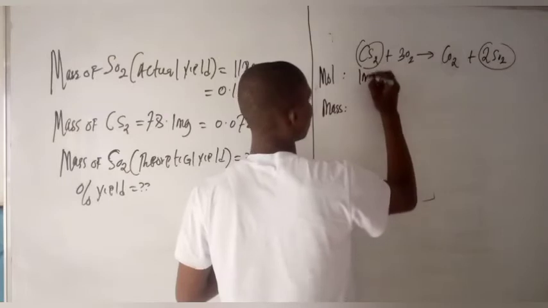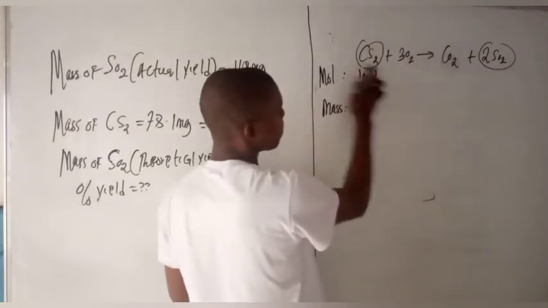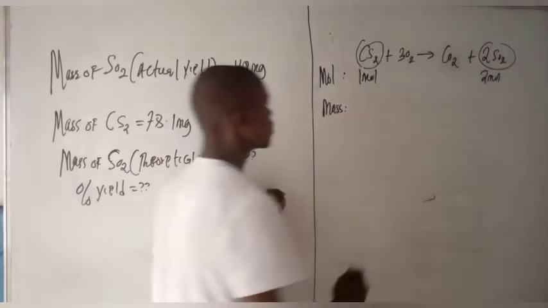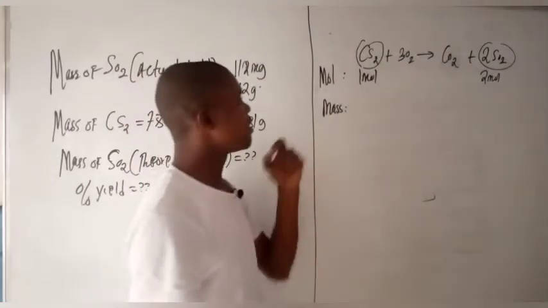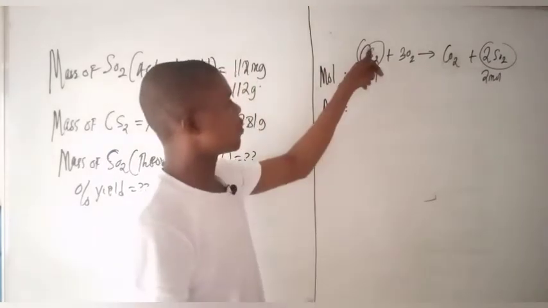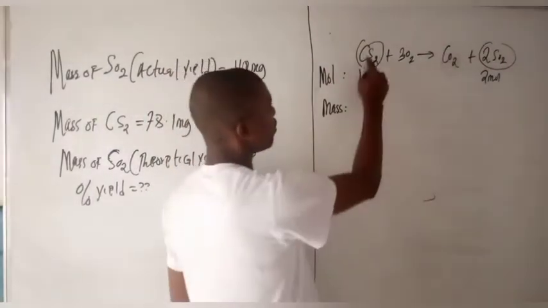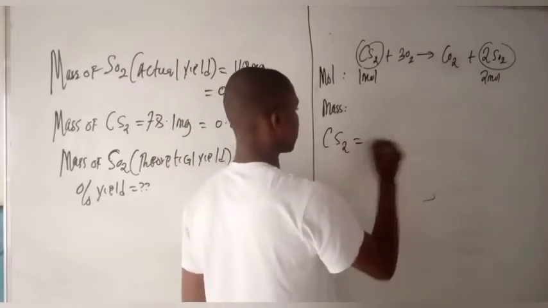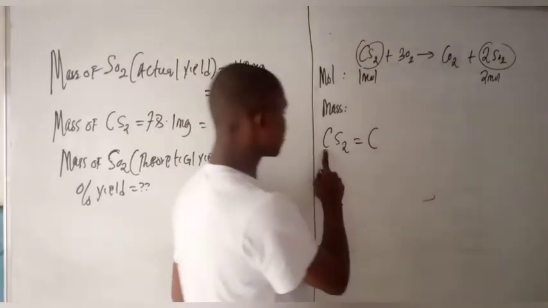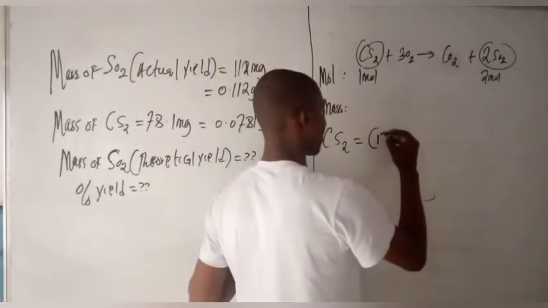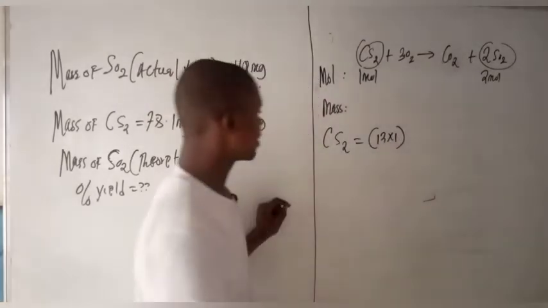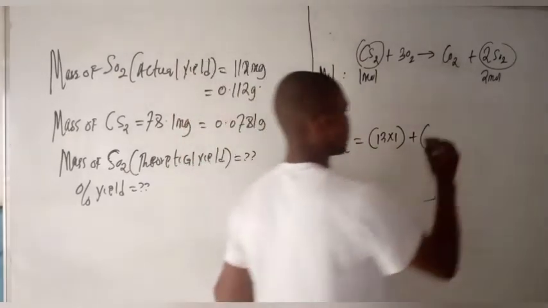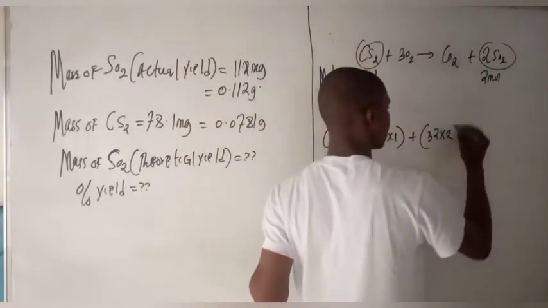If you have followed my video, you find that the mole of this one here is 1 mole. It's called the balanced mole. One mole of this one here is 2 moles. So how do you get the mass? You use the molar mass of this one here. If you calculate the molar mass of carbon disulfide, CS2, the atomic mass of carbon is 12, so 12 times 1, plus the atomic mass of sulfur, which is 32, so 32 times 2.